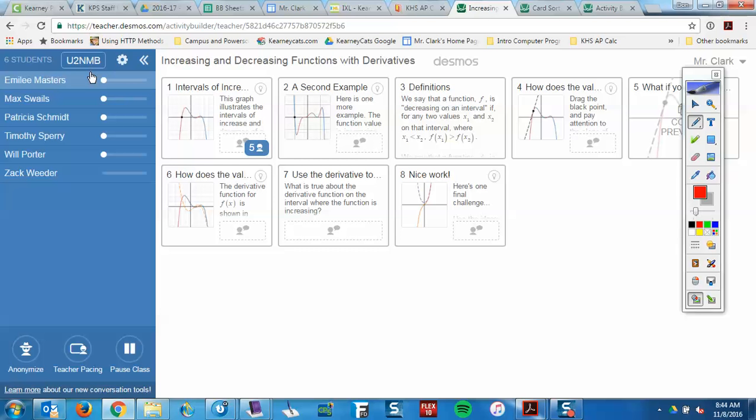But f prime could be increasing, and that's going to mean something else for f. So when you're talking about it, don't say "it's increasing," say "f is increasing." Now, if I specifically ask you what's happening with f, and you say it's increasing, I'm not going to yell at you, but whatever.